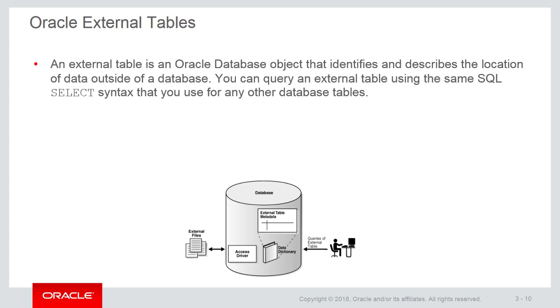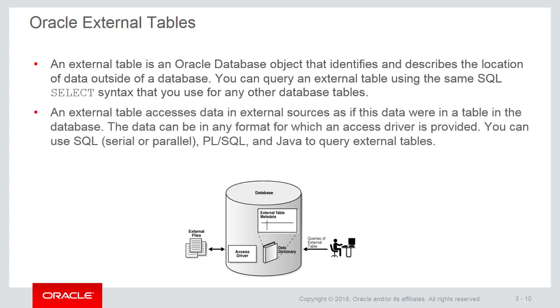An external table is an Oracle database object that identifies and describes the location of data outside of a database. You can query any external table using the same SQL syntax that you use for any other database table. An external table accesses data in external sources as if this data is in a table in the database.